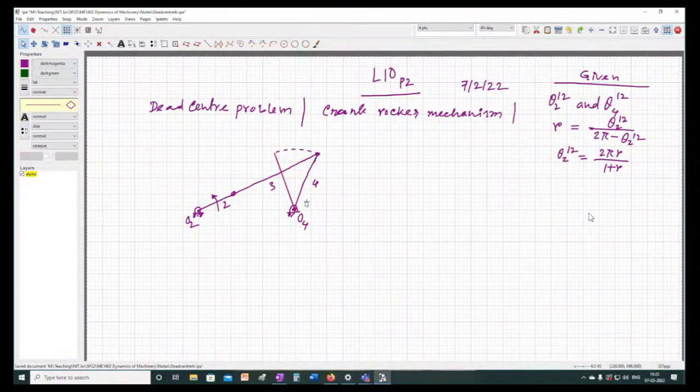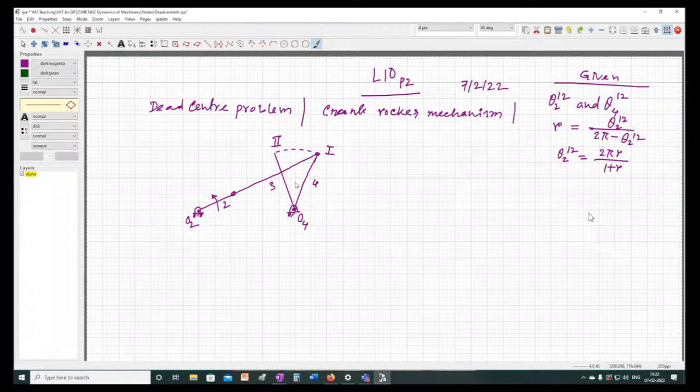The new crank position is this one, and this is one of the extreme positions, and we are calling it position 1, or in Roman letters. And the other position is, this is position 2 of the follower.